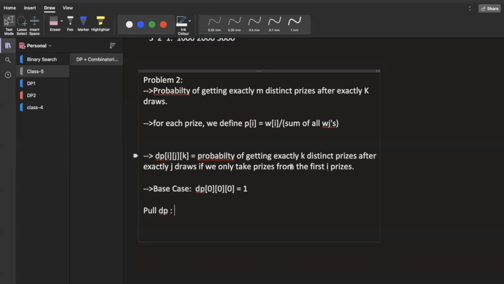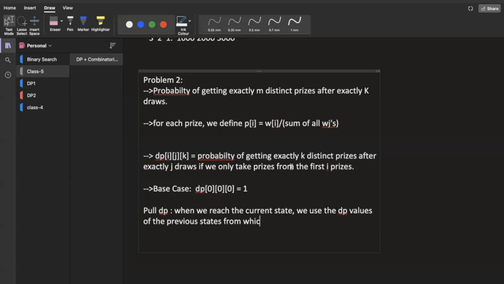In pull DP, when we reach a state, we use the DP values of the previous states from which we can reach the current state to update the DP value of the current state, right? This is generally what we do, and this is known as pull DP.